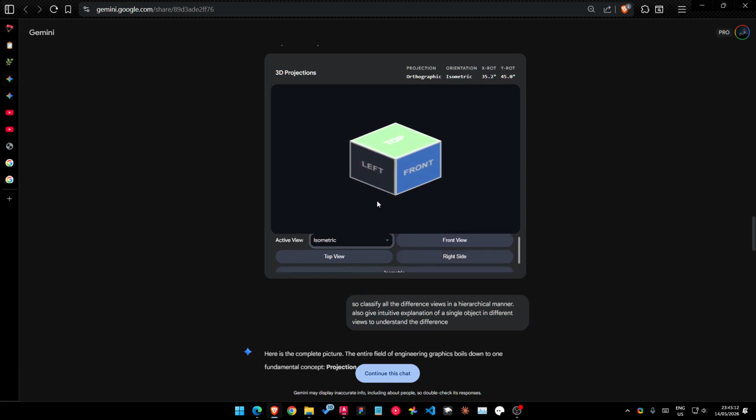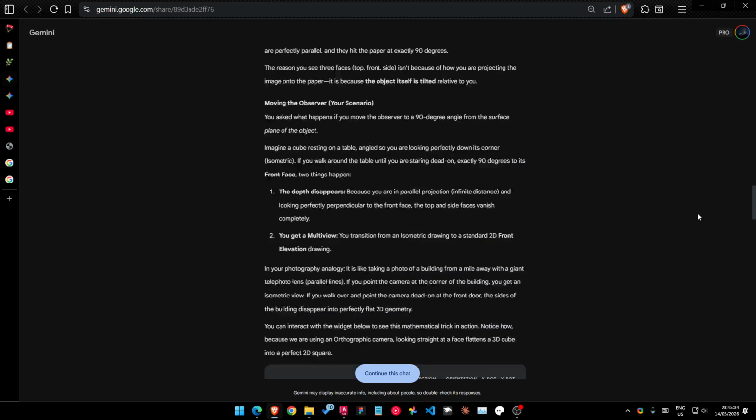See, this is isometric, and this is what you see in the question paper. Now what they want you to draw is the orthographic views. So the front view like this, it glitches a bit, but you get the point. And the right view, this is what it wants from us.